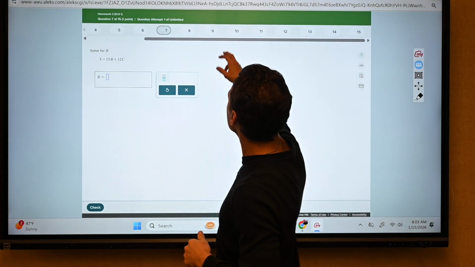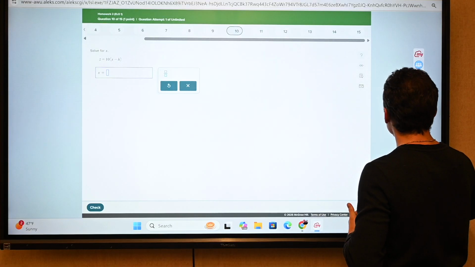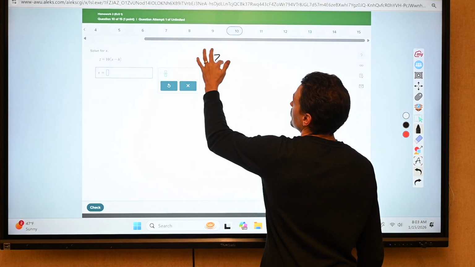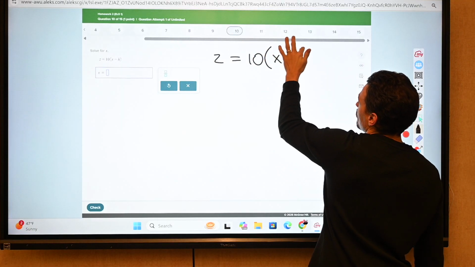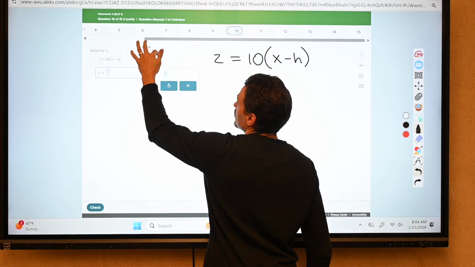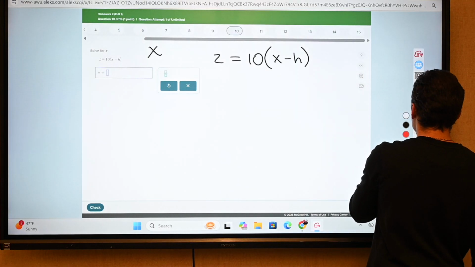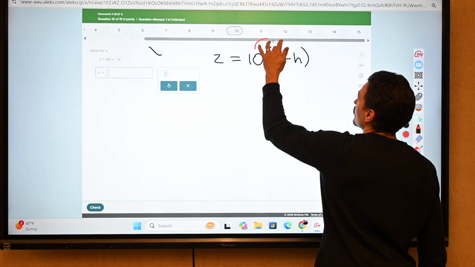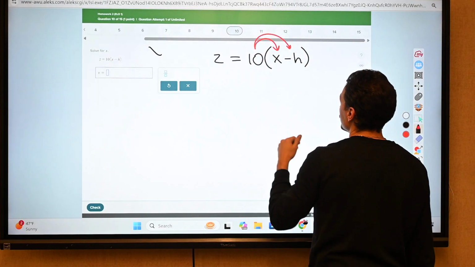All right, number 10. 8 and 9 are similar to 7. Number 10, all we're doing is we're adding parentheses. So now we have z equals 10 in parentheses x minus h. So my problem is asking me to solve for x. So x is my desired variable. In order to do that, I need to get rid of the parentheses with the distributive property.